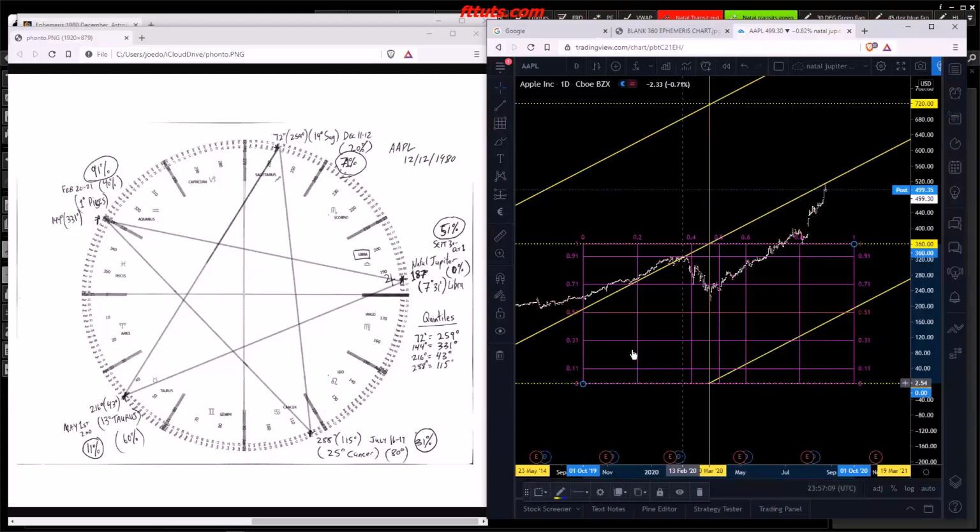But you know that that middle position is the natal position of Jupiter. 72 degrees from there, 259 degrees, is 71% of this box. So let's punch in our numbers. We've got all our numbers punched in. Hopefully that wasn't too simplistic and you didn't see me punching in all these numbers.